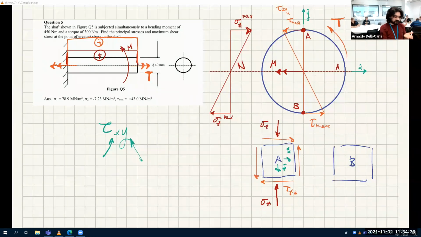If I look at B from the bottom, I have this is x and this is z. Agreed? From the top, I have Z that goes down. From the bottom, I have Z that goes up. So I'm looking from this side.